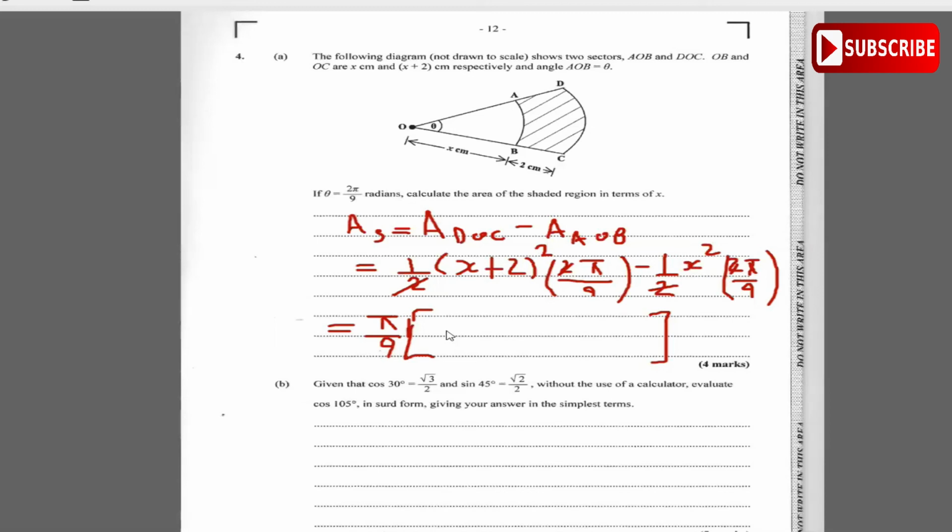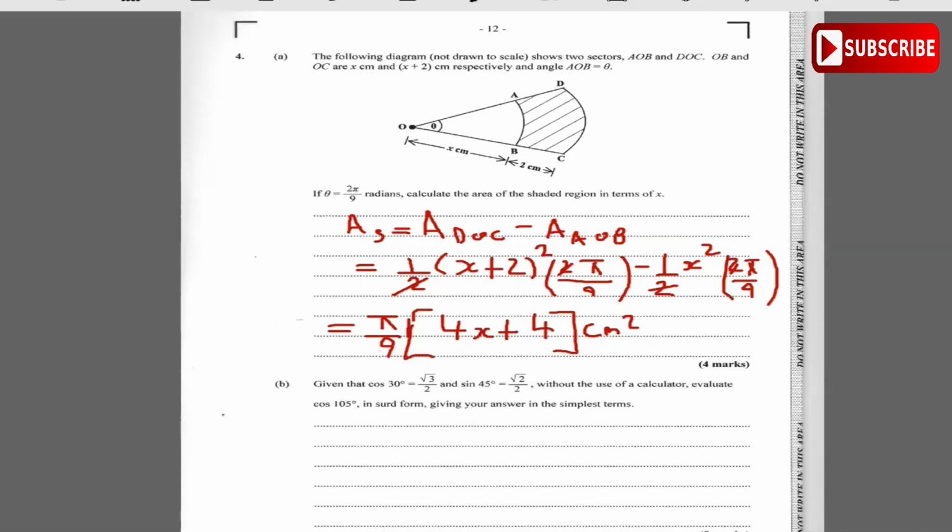And so you're just left with pi by 4 times 4x plus 4. That's all we're left with. Nice and easy. So that's the area, and remember, area is in terms of centimeters squared. Nice. Now let's look at the next part, part B.